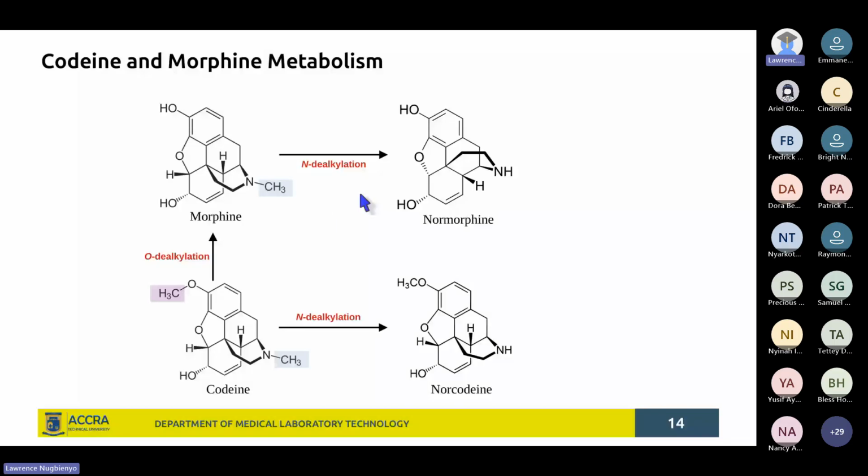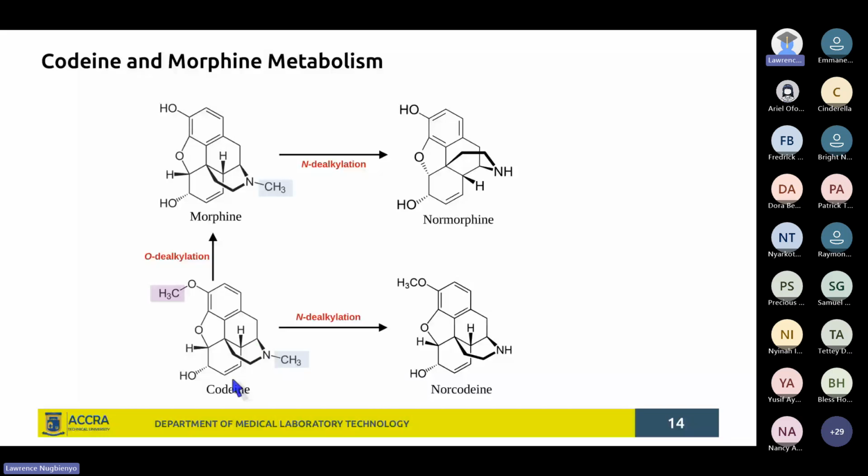Of course, these are examples of what I was referring to: some drug substances that are taken have metabolites that can be more toxic than the substance itself. So, for instance, norcodeine is more toxic than codeine.